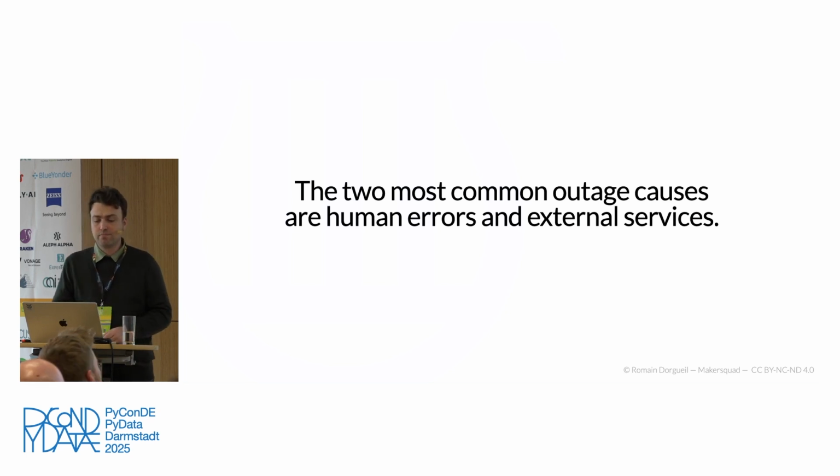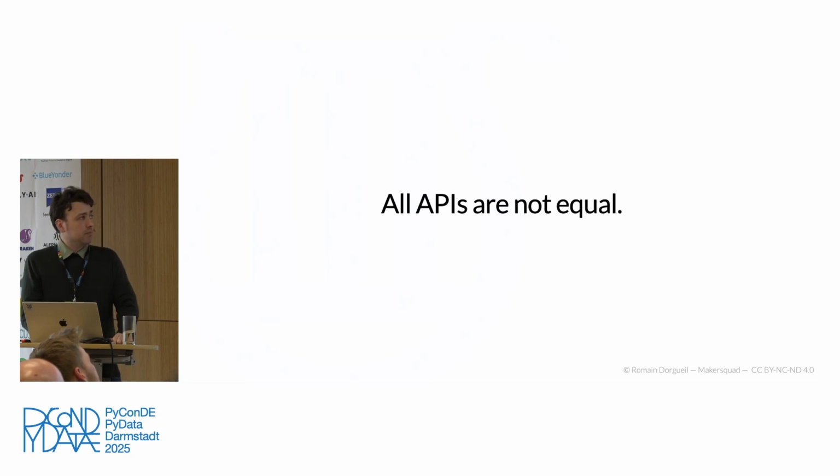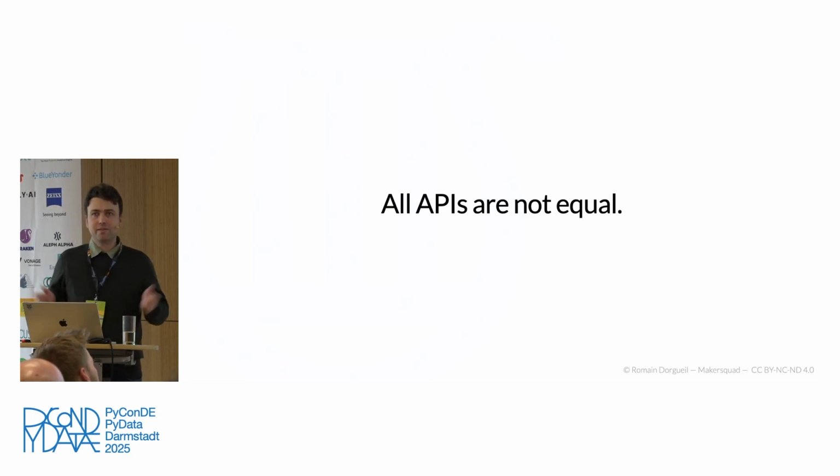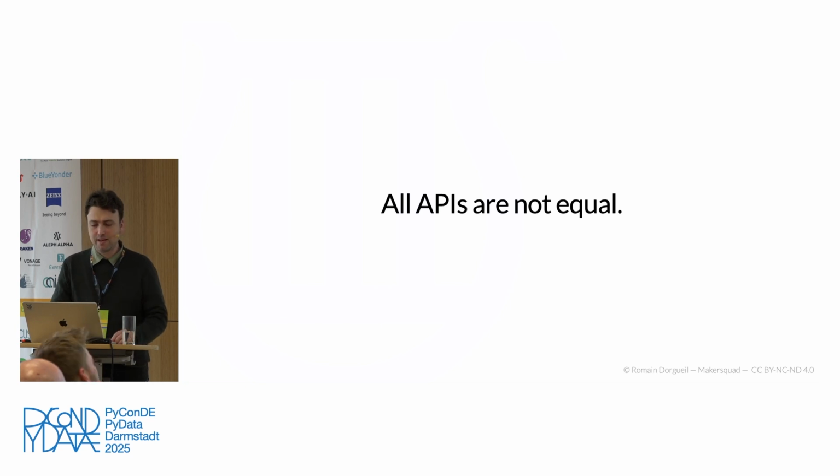And failures mean a lot of different things. But mostly, all APIs are not equal. We all dream of very stable GAFA-like APIs that always respond like you want in very good timing, like a racing car.